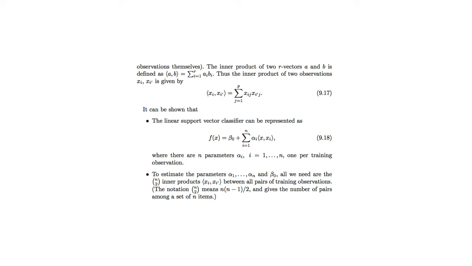To estimate these, we only need n choose 2 inner products, and n choose 2 is called the binomial coefficient. It's spelled out as n over k or n over p, something like that. In this particular case, it's n over 2, and it just means it's equivalent to n times n minus 1 divided by 2. Once we have that formulation, we can play around with it, which we will in the next picture.